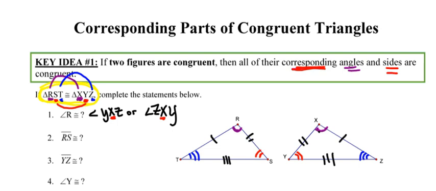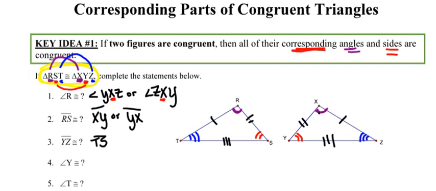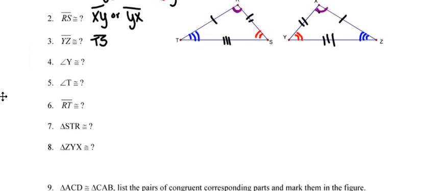Moving along, side RS is going to correspond or match up with side XY. And when I name a line segment, I can name either endpoint first. They're the same line segment. Segment YZ is going to correspond and match up with segment TS. And again, if I wanted to name that ST, that would be a different name, but the same line segment.